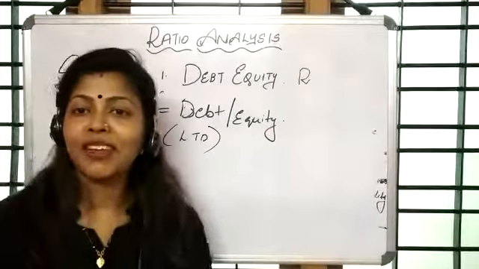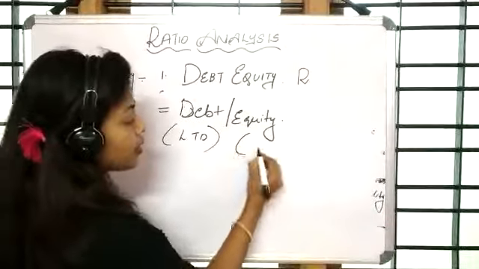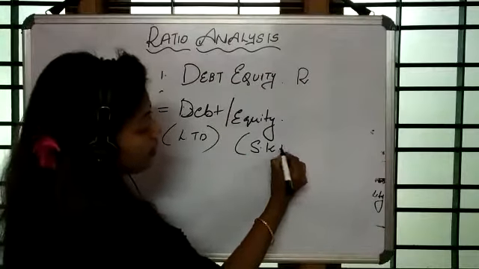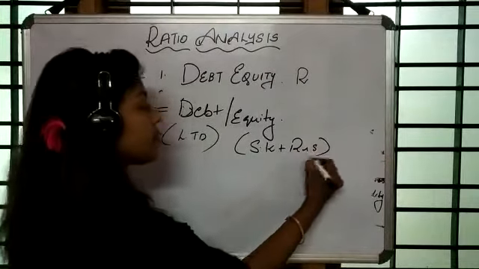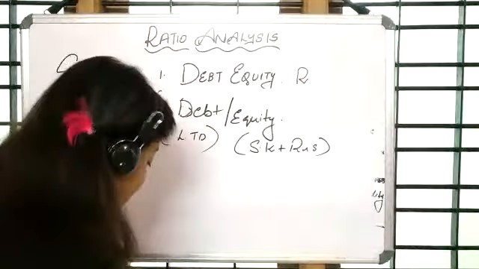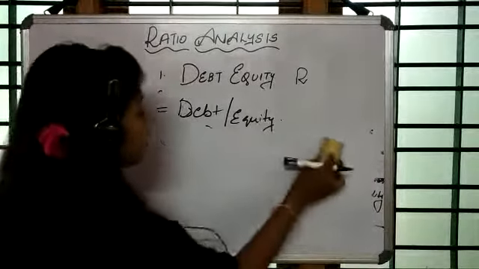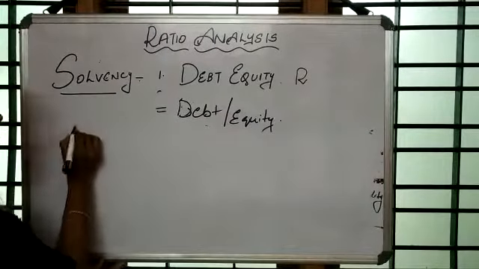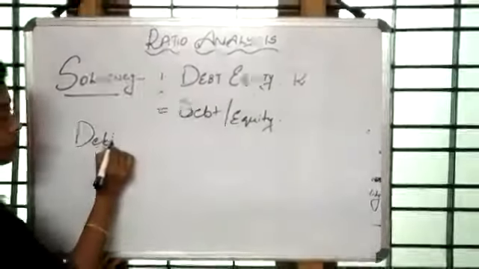And what is equity? Equity is equal to share capital plus reserves and surplus. Again, I am going to give you it in detail. So let's learn what is debt. What is debt, children?